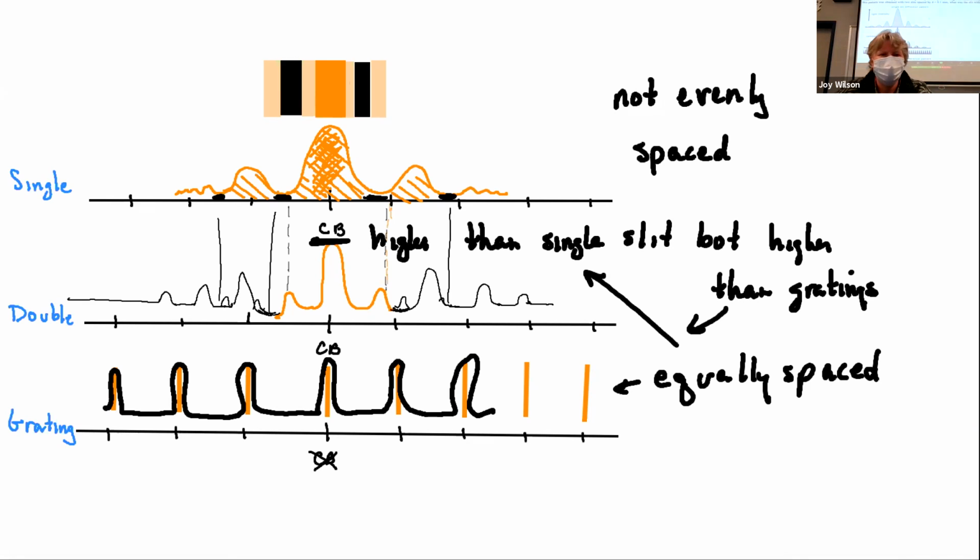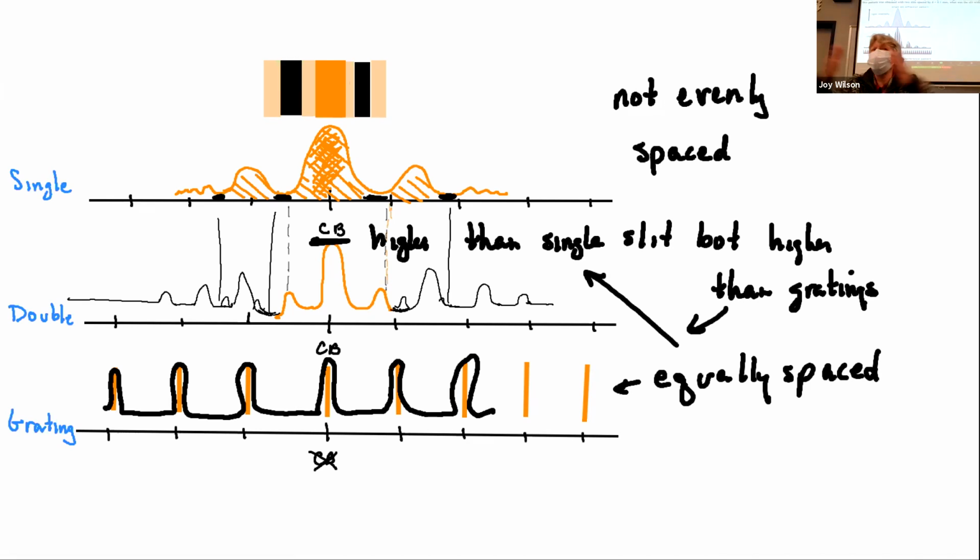So you can see that with the single slit, are they all centered in the same spot? Yes. But what do you see about the double slit compared to the single slit? Now I see several little peaks within that main peak.